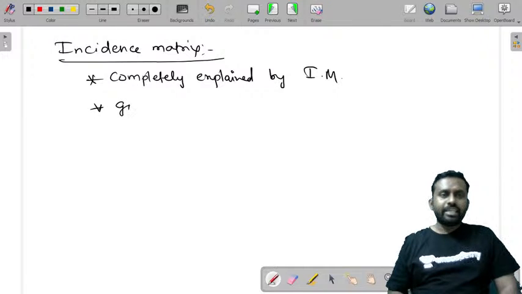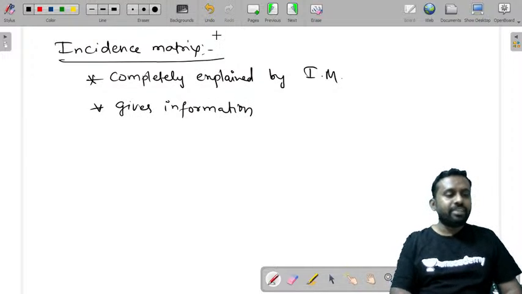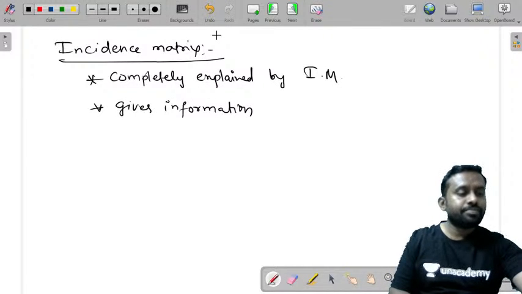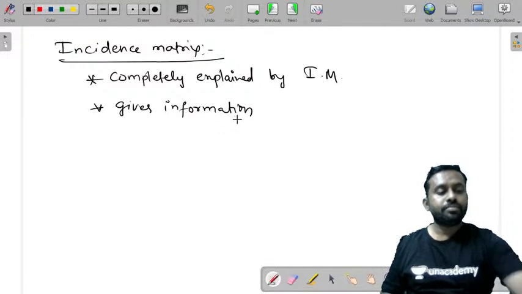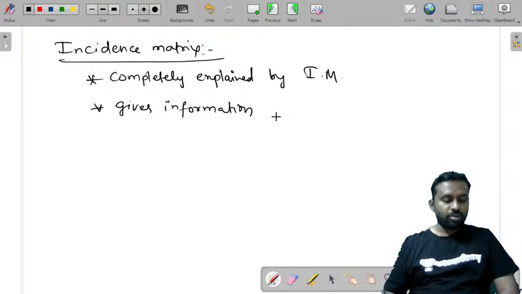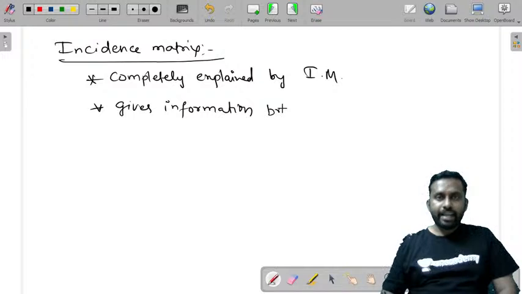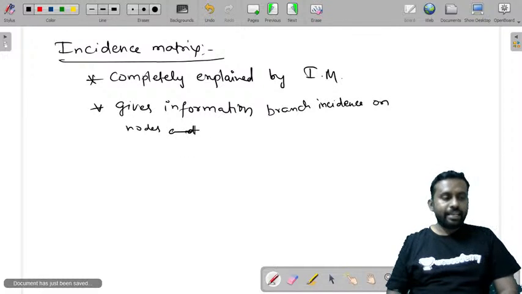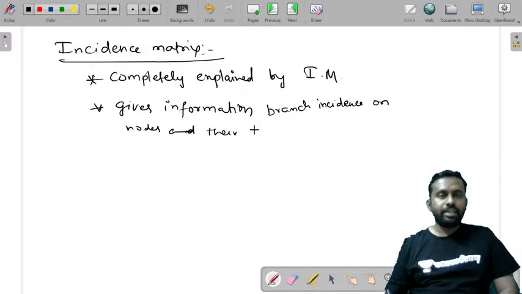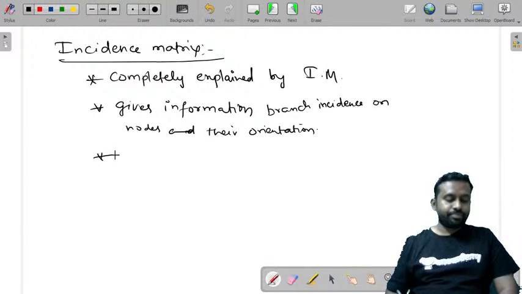It gives information about the branch incidences on nodes and their orientation.